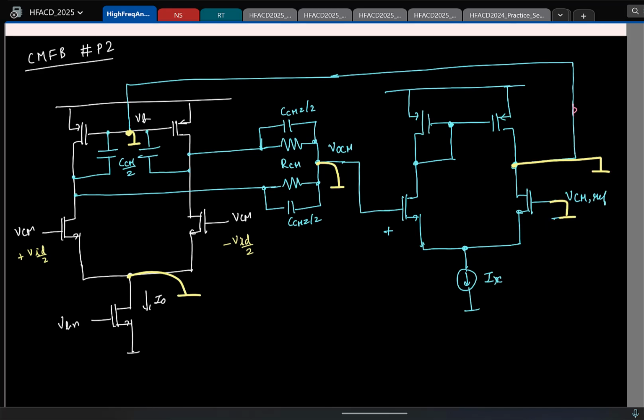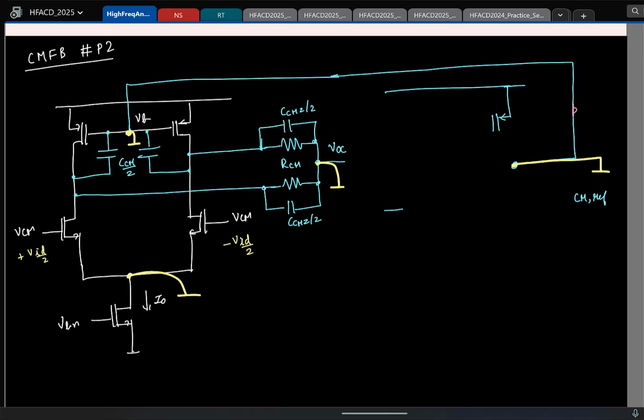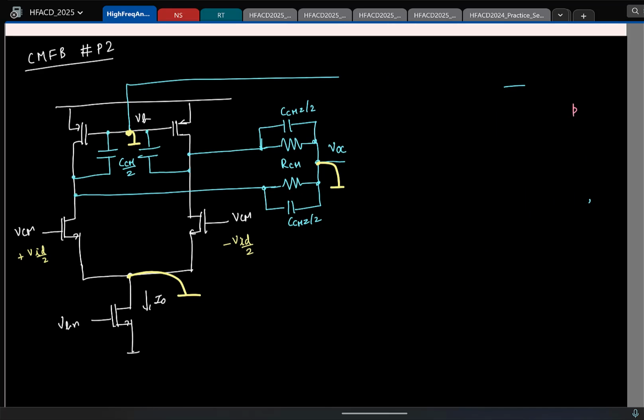This is not at all present in the differential mode picture, which is good because you don't want a lot of interference from the common mode in the differential circuit. So let me get rid of this. So this is gone, so I'll erase it. Right. So now let's actually draw the differential mode half circuit neatly.